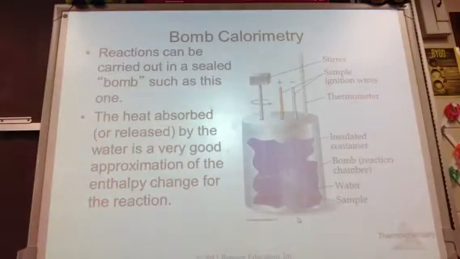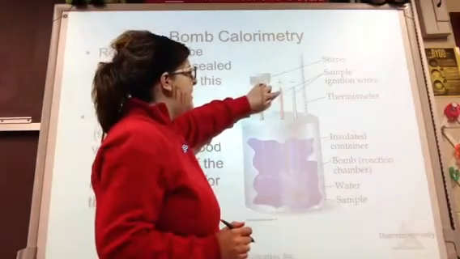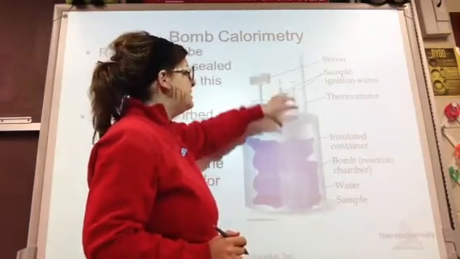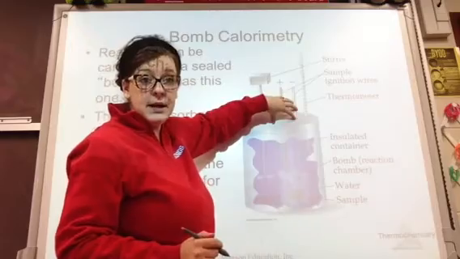Now, the combustion reaction is started, or I can initiate the combustion, by passing some type of electrical current through a wire that's in contact with the sample. I see here that I have these 2 wires sticking out of my insulated container.